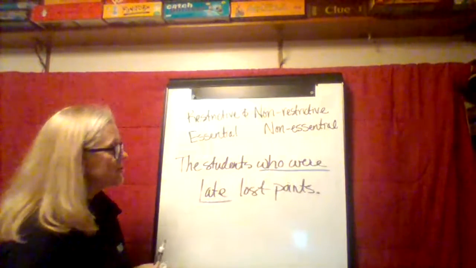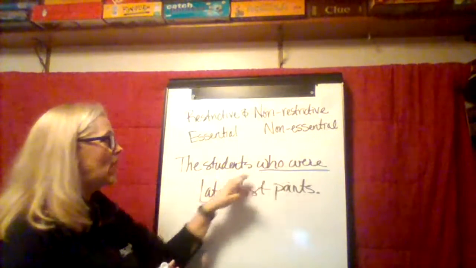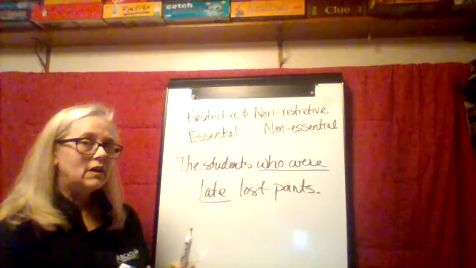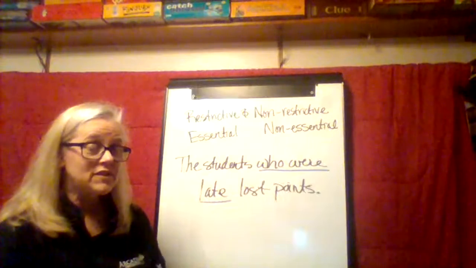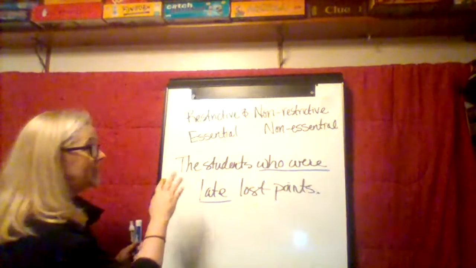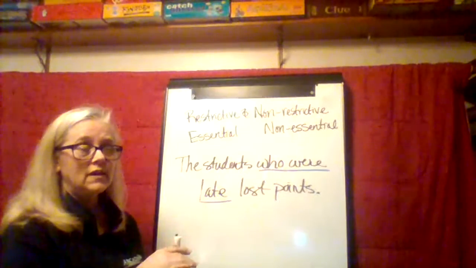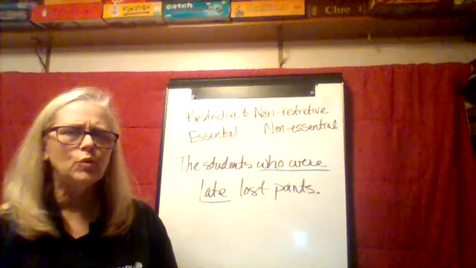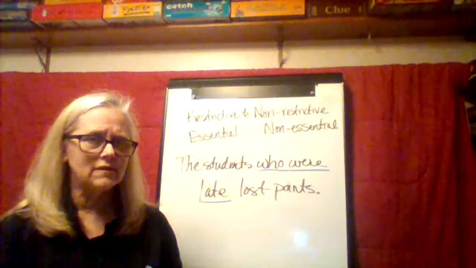So you need to ask yourself, is this clause here, is it essential? Is it important to the meaning of the sentence? If I took it out and I said the students lost points, does it mean the same thing as the students who were late lost points?